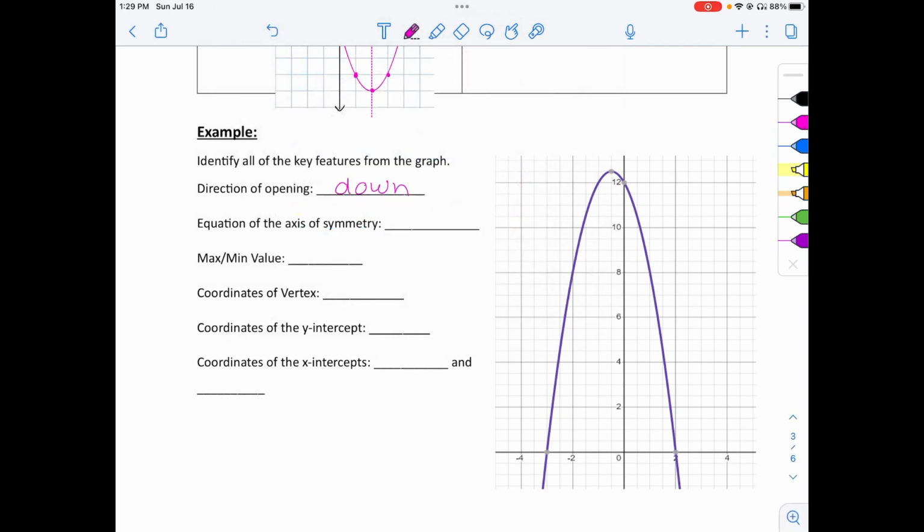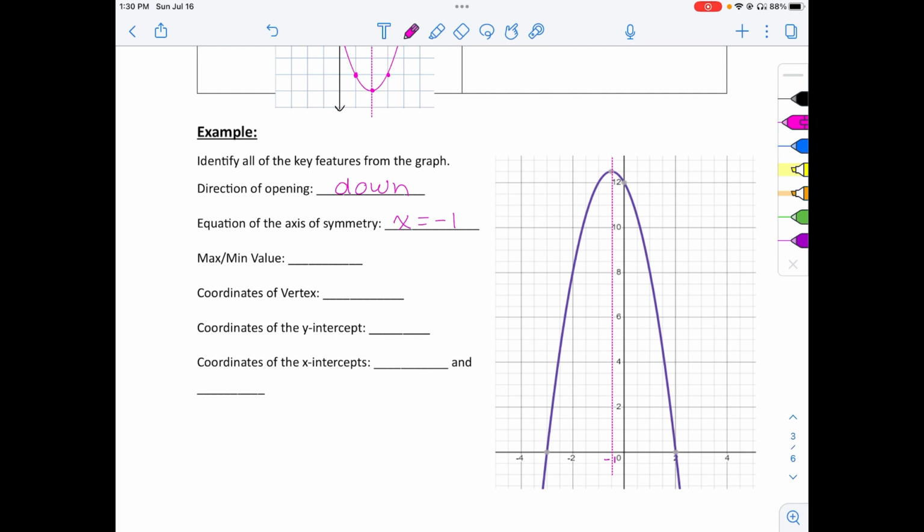So you can see here that gray point kind of labels where the vertex is, which we will determine in a moment. But if I were to draw my axis of symmetry, it's going to cut through that vertex. My line's not perfectly in the center, but that's okay. We can see that that is when x is -1. Okay, so x equals -1 will be the equation of the axis of symmetry.